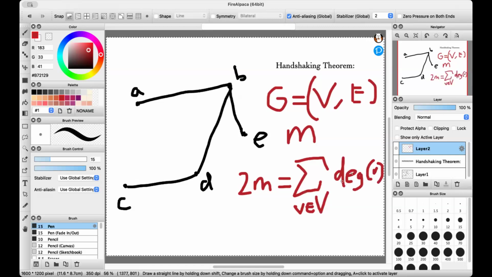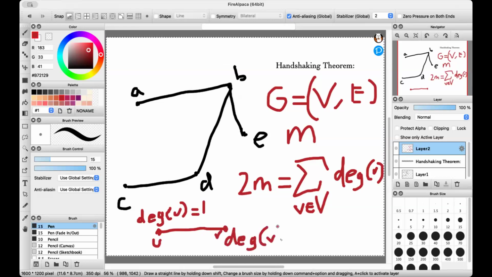Basically, this kind of makes sense, right? Because if I have 2 vertices and one edge connecting them, the degree of this vertex, let's call it U, is equal to 1. And this one also, if I call this V, the degree of V is also equal to 1.